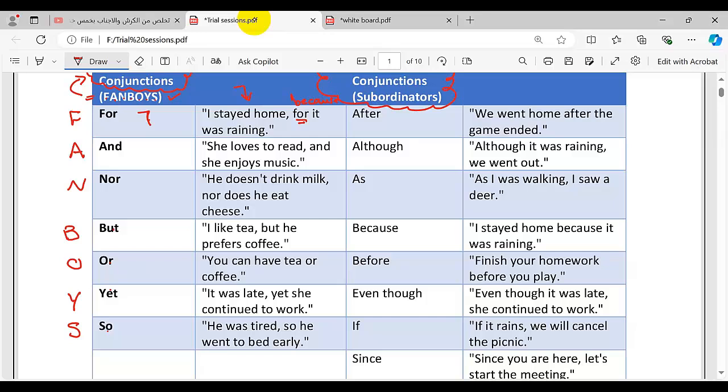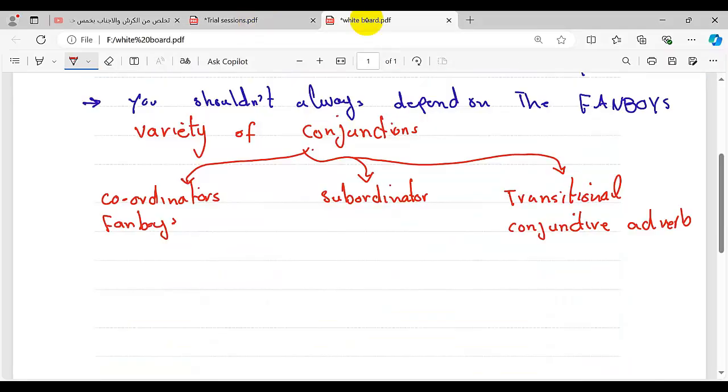For means because, or since. What you noticed here is that we used a comma before the word for. Here's the rule: for the fanboys, use a comma before the fanboys.